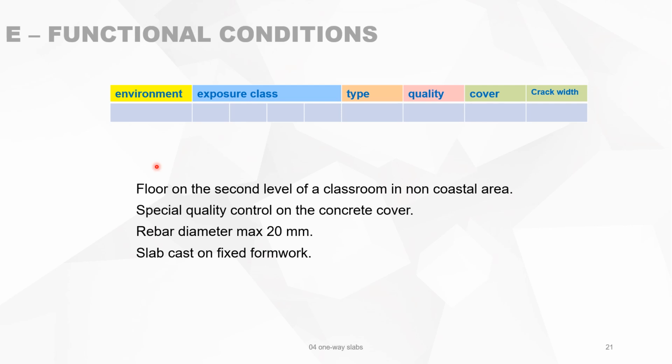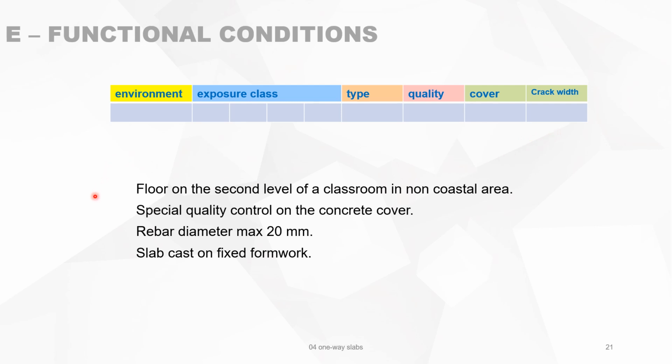You start with the environment, then you put in the corresponding exposure classes. From a table, you can determine the type of concrete, from that the quality, and then you can calculate the needed concrete minimum cover, and you can specify the maximum crack width.